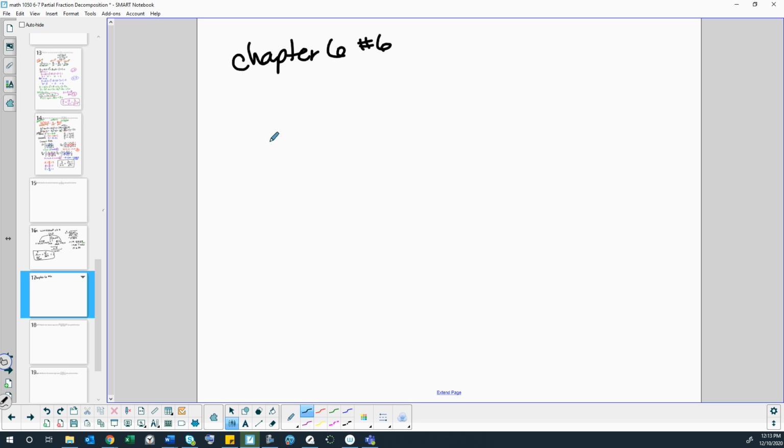All right, we are finding the determinant of the matrix 3, 3, negative 1, negative 2, negative 2, 1, and negative 4, negative 5, 2.